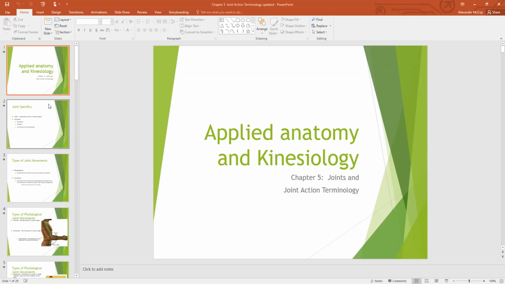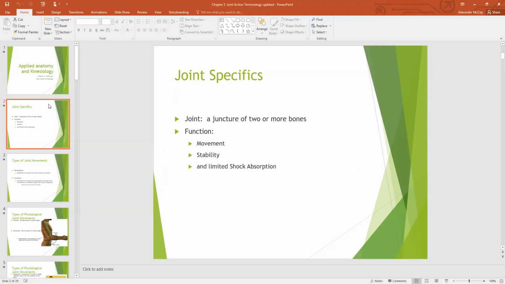So let's first just talk about what in the world is a joint. A joint is where two bones meet and they have the ability to move. Think about how much movement and stability and limited shock absorption you get from just being able to bend and straighten your knees and elbows. We're not like stick figures, that are just solid mass and kind of have to waddle side to side.